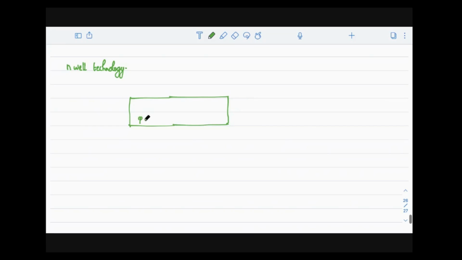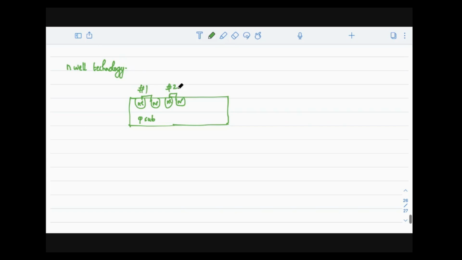So this is P substrate. NMOS devices will be here. This is how you will make NMOS devices. All these NMOS devices will be on this P substrate. You can number this as NMOS device number 1, this is number 2.